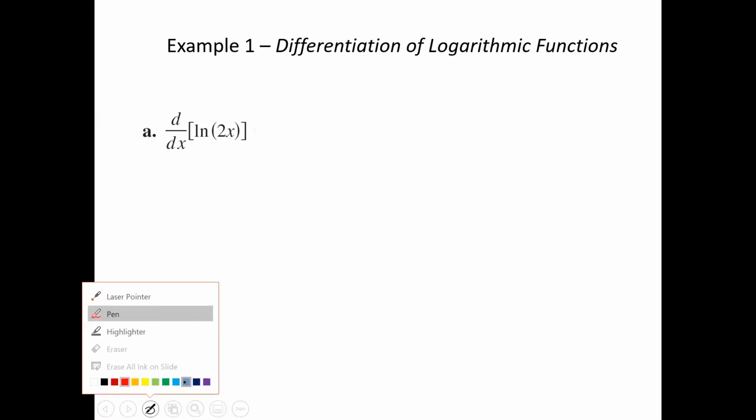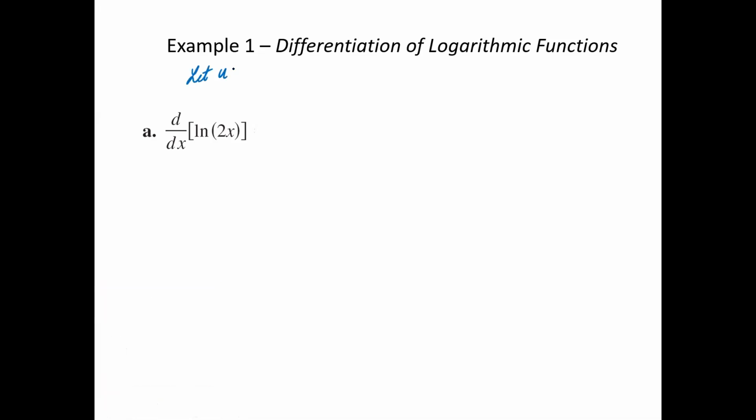The derivative of ln 2x. In this situation, you will be using a u because the 2x does require a chain rule. So we're going to say let u be 2x. u prime is just going to be 2. You know the derivative of ln u is going to be 1 over u times u prime. So that's going to be 1 over 2x times 2, which is just going to be 1 over x. And that is your answer.